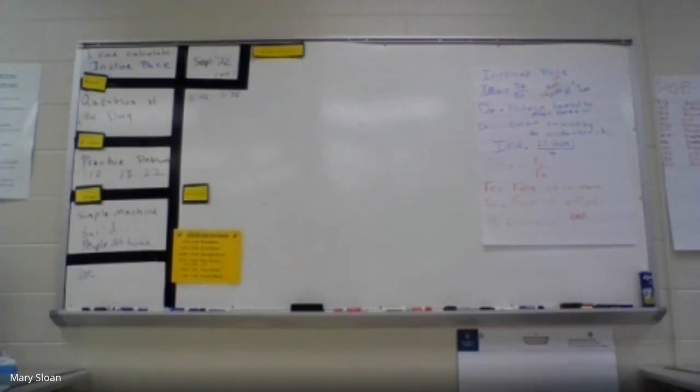But now we're looking for AMA, which is talking about weight. If we're talking about that, you have 50 pounds here, and you have an effort force of 20 pounds. So to get AMA, you're going to take your 50 divided by 20, and that's where you get your 2.5.